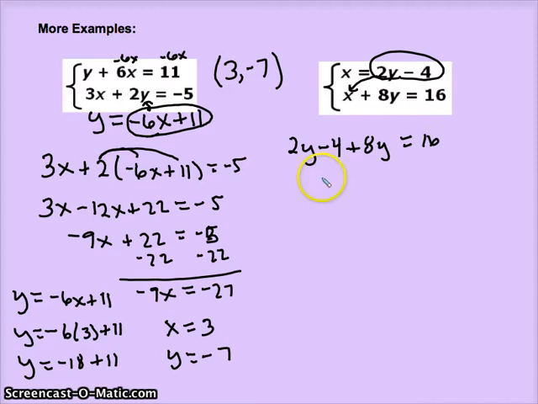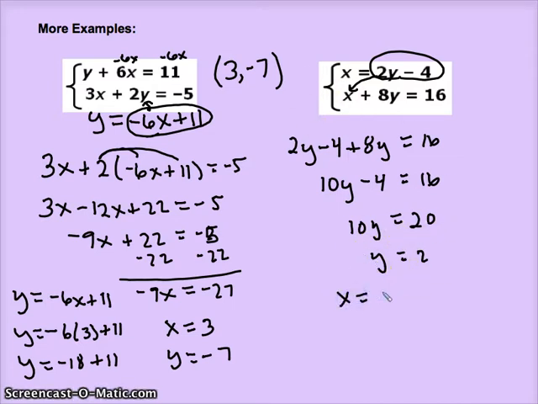Now I simplify. 10y minus 4 equals 16. 10y equals 20. And y equals 2. Plug 2 back into an original equation, so x equals 2 times 2 minus 4. x equals 4 minus 4, so x equals 0. Our final ordered pair is the ordered pair 0, 2.